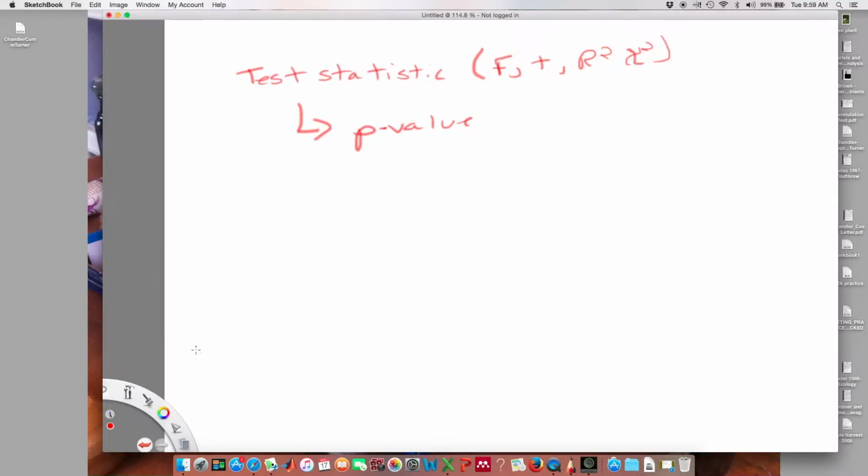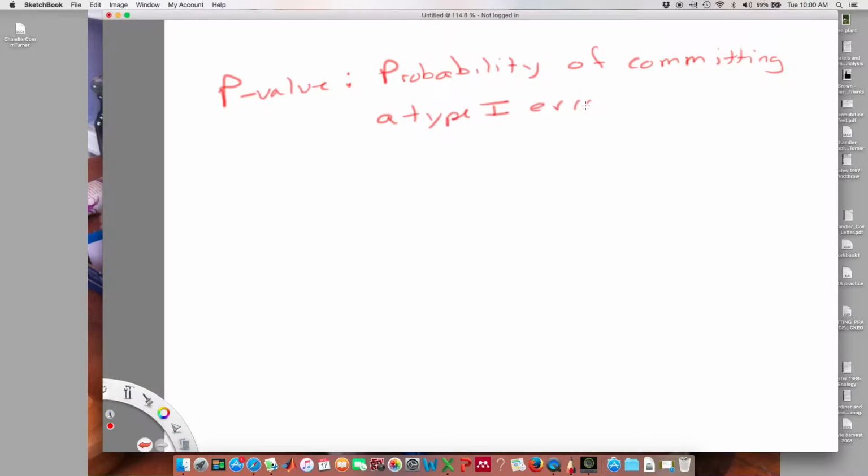So what is a p-value? Let me clear this. A p-value is very simply the probability of committing a type 1 error.